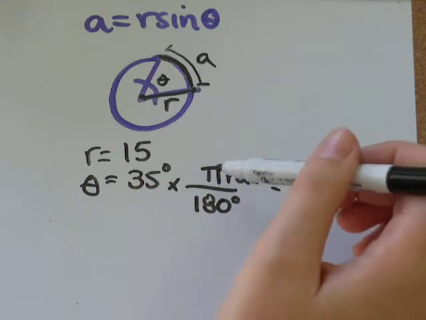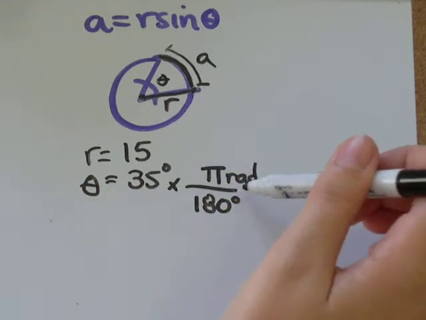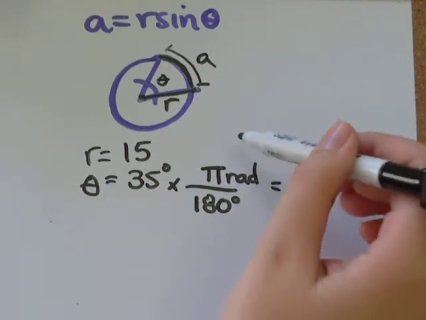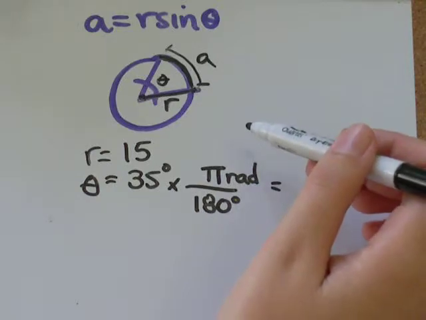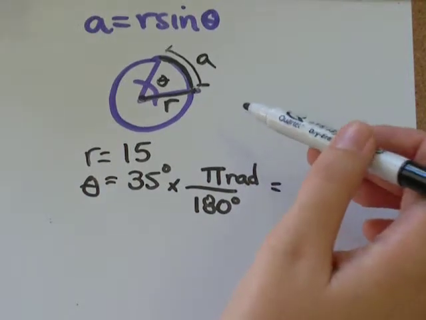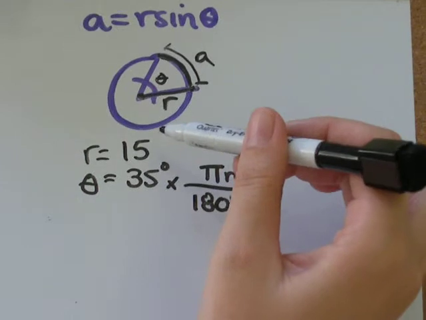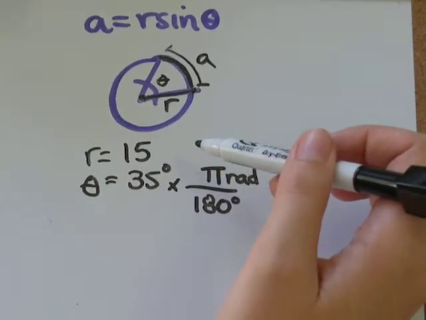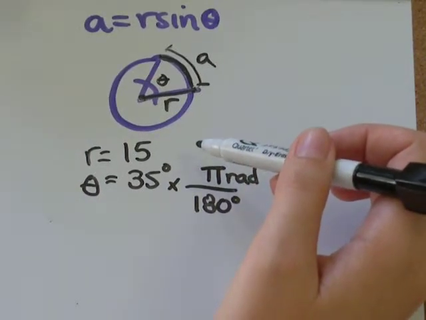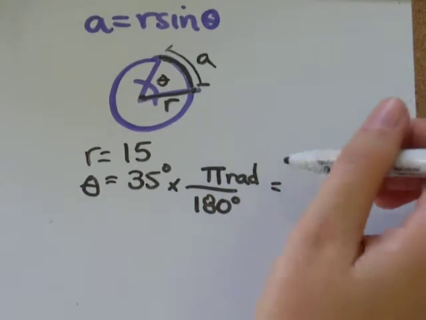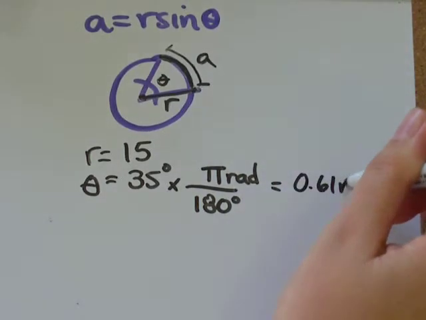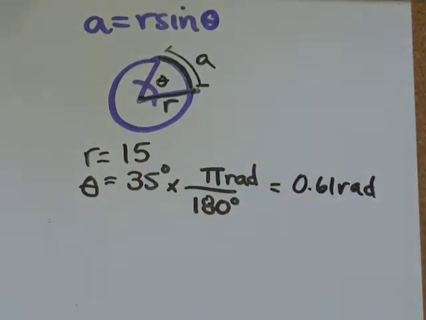So if I multiply by pi radians divided by 180 degrees, that's equivalent to multiplying by the fraction 1 over 1, which won't change the value that I'm working with, the 35 degrees. So 35 times pi divided by 180, and I'll get 0.61 radians.